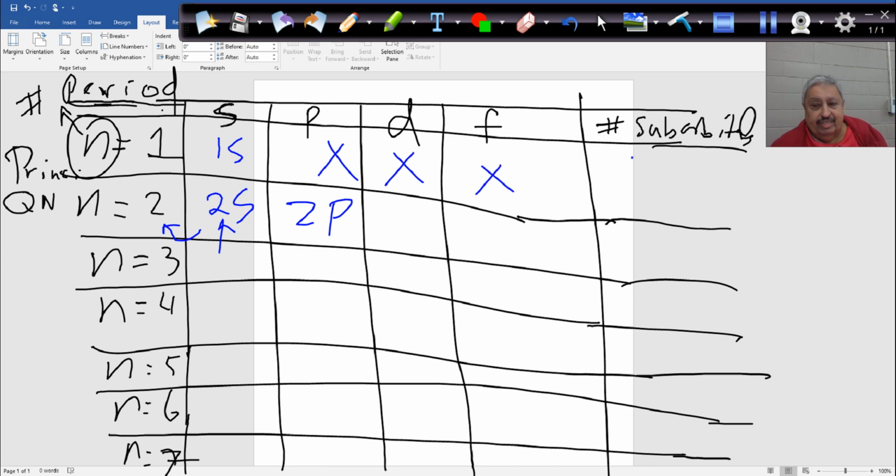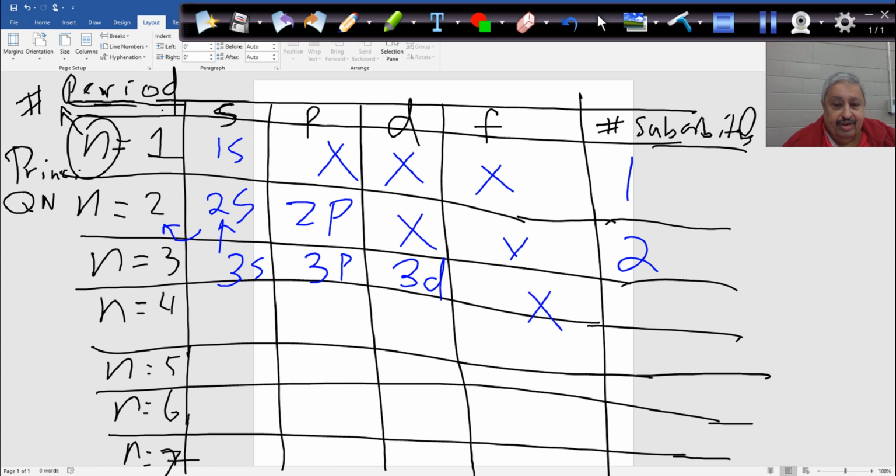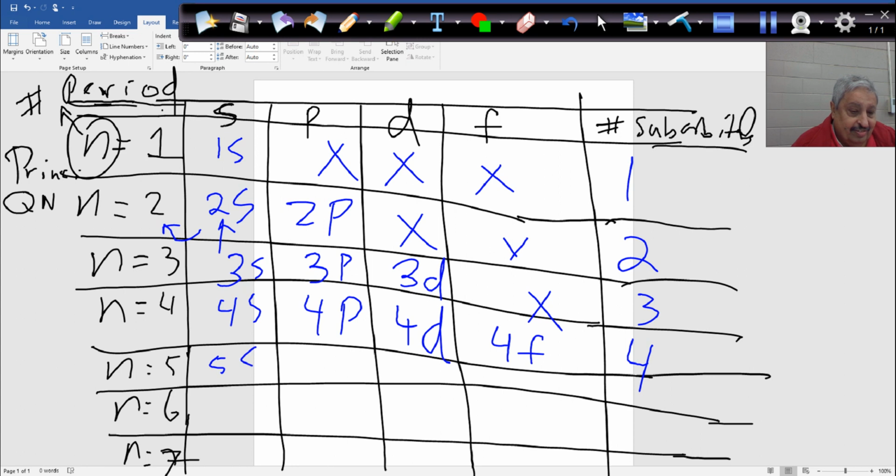So the number of suborbitals is 1. Here we have 2, correct? Then for n equals 3, we have 3s, 3p, 3d, no f. So how many suborbitals? 3, correct? Then 4, now we have 4s, 4p, 4d, 4f. We have 4 here. In the fifth, we have 5s, 5p, 5d, 5f.